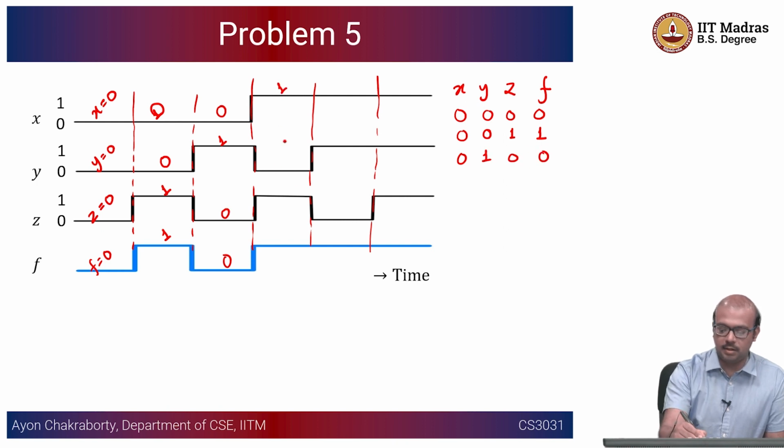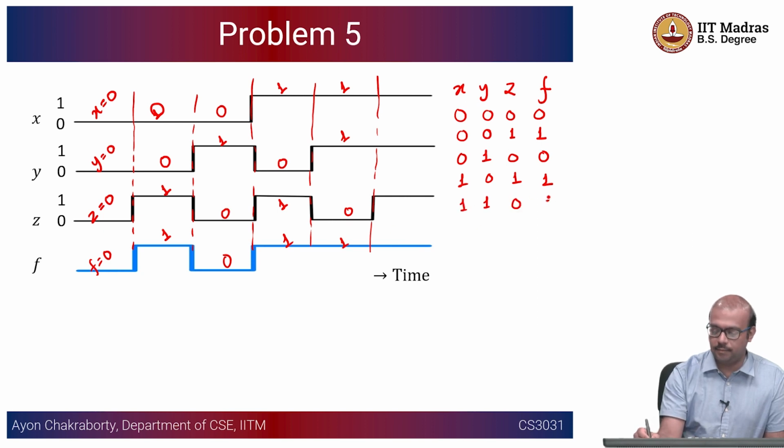Then we have 1, then we have 0, we have 1, then we have 1. So for 1, 0, 1, we have output is equal to 1. Then we have 1, we have 1, we have 0, we have 1, right? So 1, 1, 0, we have 1. Then we have 1, 1, 1 and 1.